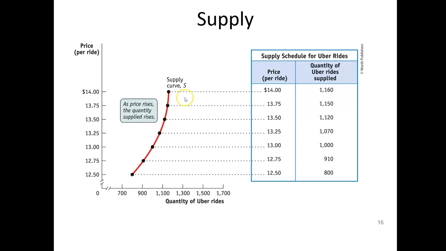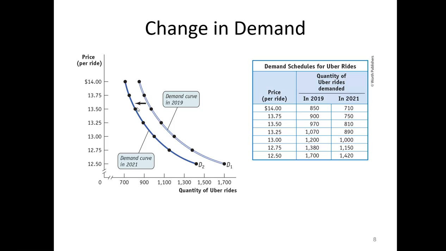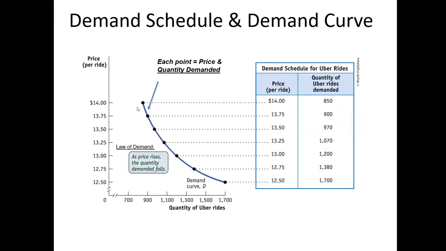So just like the law of demand, since price was a bad, that is, what the consumer has to give up, it was a downward sloping thing, right? The law of demand: as price rises, quantity demanded falls.